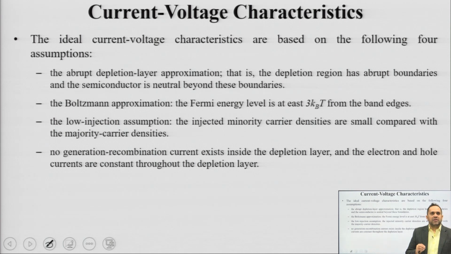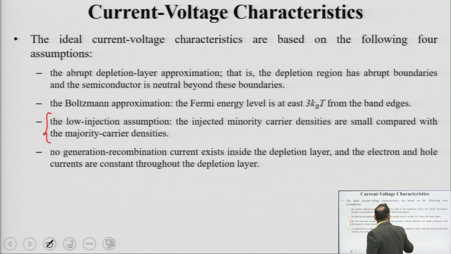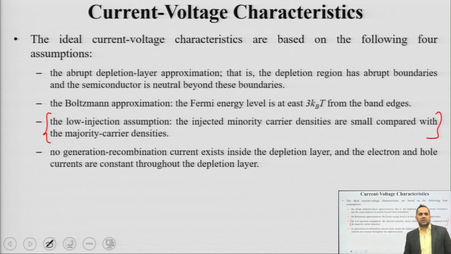This basically helps you to avoid something known as degeneracy, because if the Fermi level moves inside, that is a degenerate semiconductor, and then your analysis turns slightly different. Next is a very important assumption, and this basically forms the basis of our analysis of the IV characteristic of a PN junction.